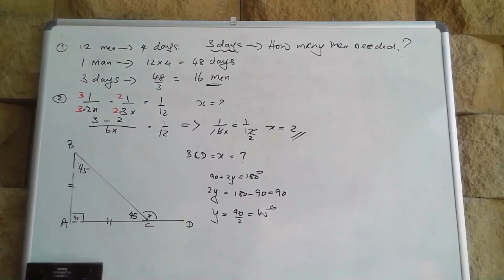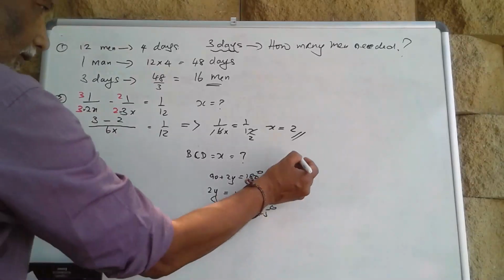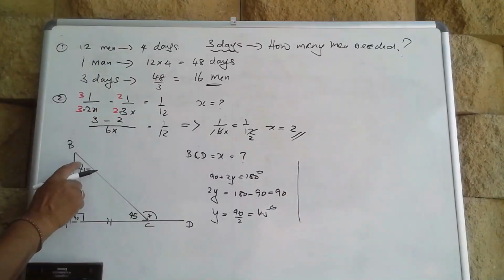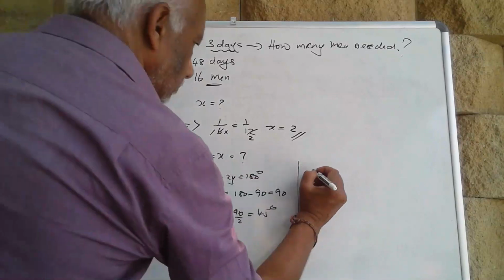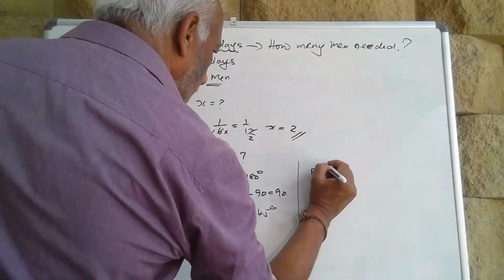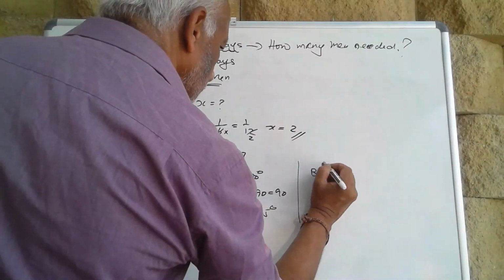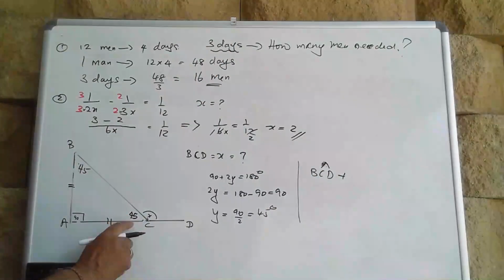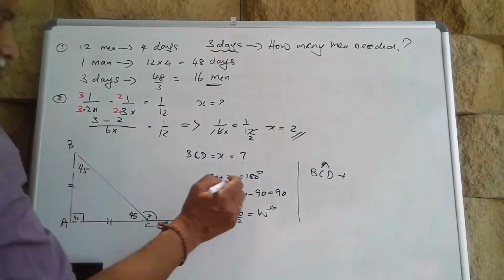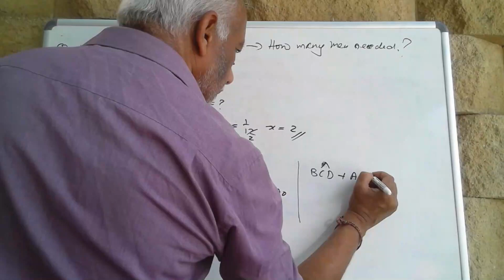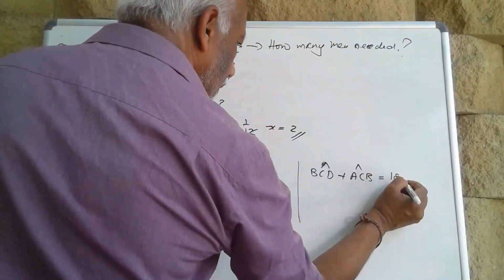Now look at this. ACD is a straight line. Therefore you can write this one, angle BCD plus this angle ACB must be 180 because it's a straight line.